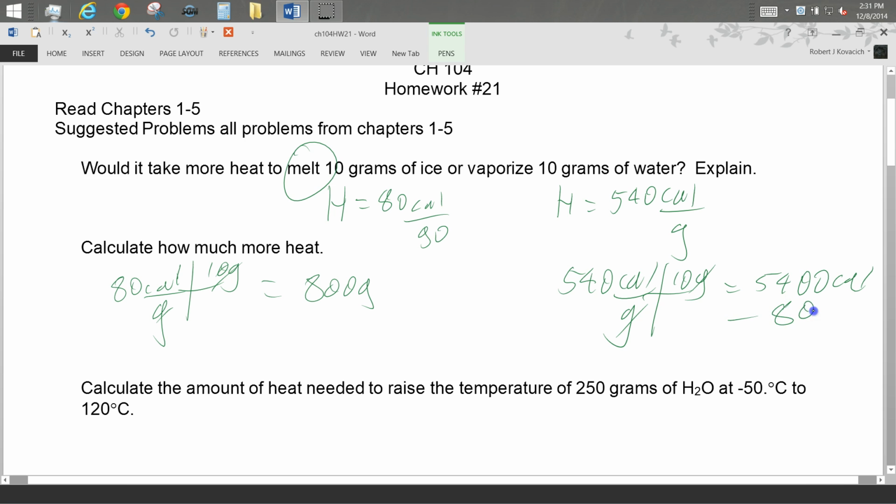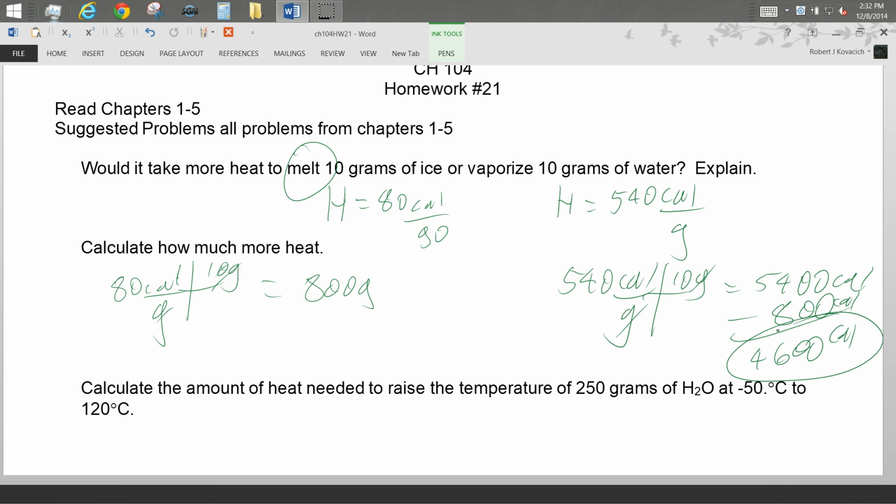If I subtract off 800 calories from that, I get 4,600 calories, so 4,600 would be your answer. Are we okay with that? Okay.